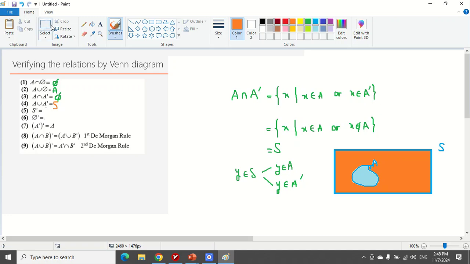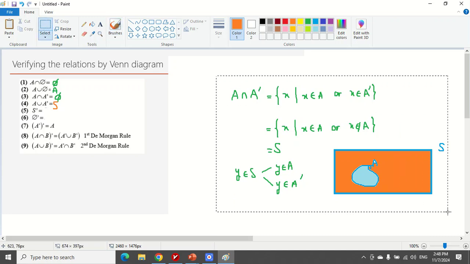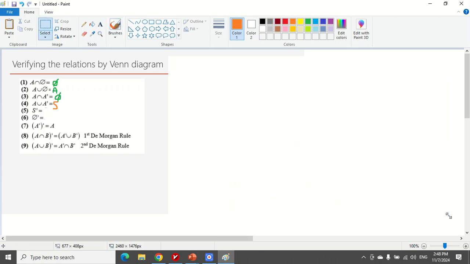Right now, let us take a look at the next case that we have over here. The next case asks: what is S prime? If you want to calculate S prime, it contains all x such that x is belonging to S prime. This is the definition of S prime.